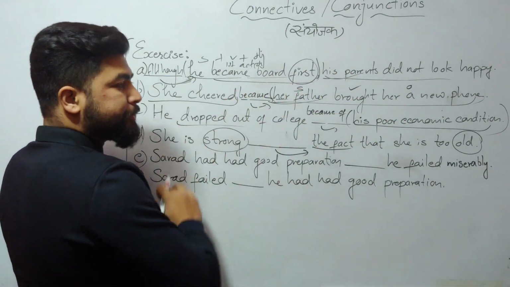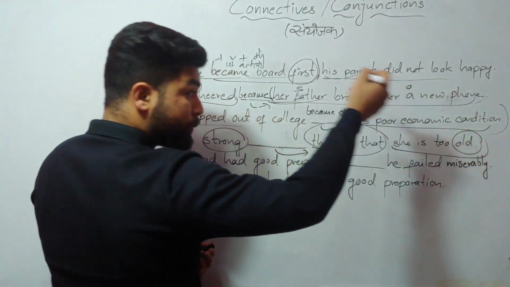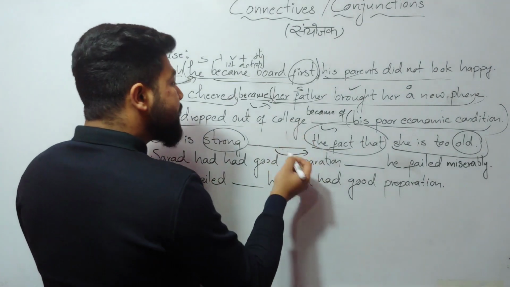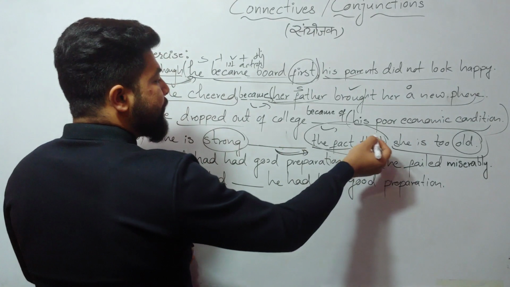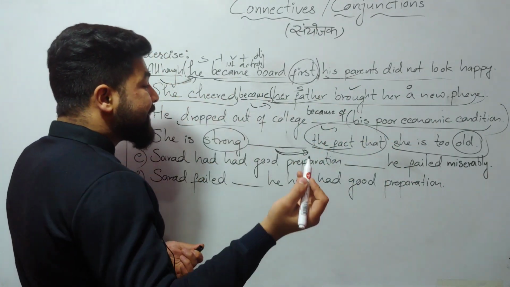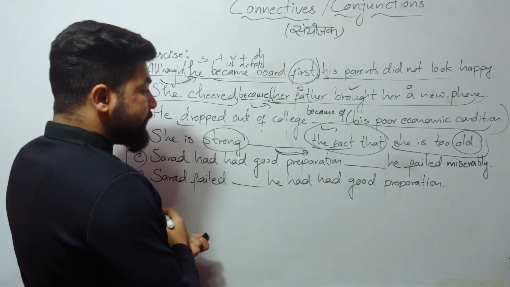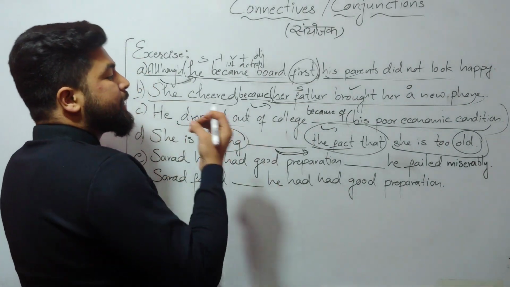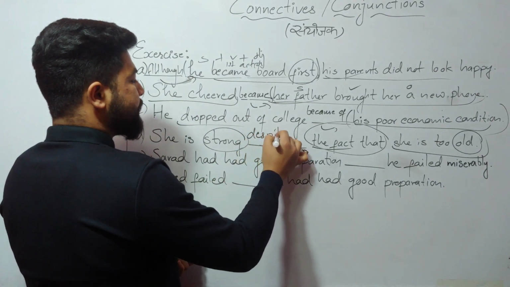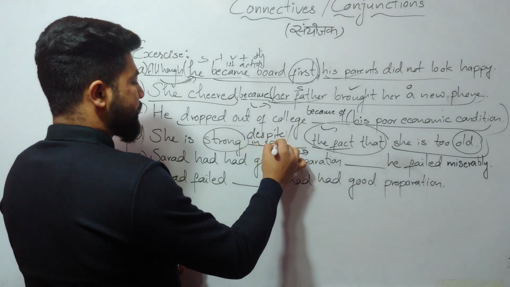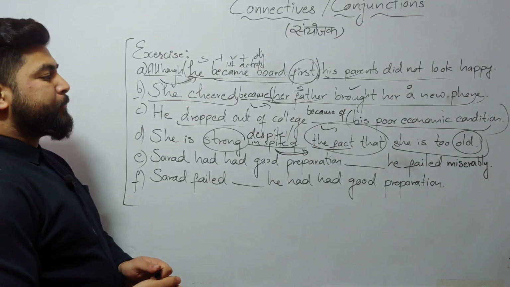Yes, immediately after the blank space. But here, the fact that. So you are not going to say this, because if you say this, you'll be misled. You'll be incorrect. So you have to see immediately after the blank space, and there is no subject, verb, object. There is not a sentence. Rather, there is something other than a sentence, the fact that, which is why this is the other than sentence pattern. So for the other than sentence pattern conflicting, all we have is what? We have despite or in spite of. So your answer is: she is strong despite the fact or in spite of the fact that she is too old.